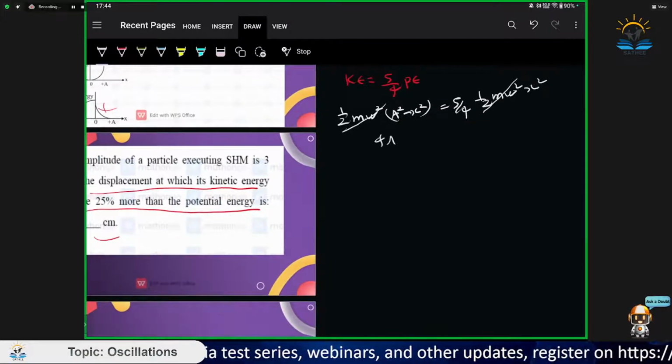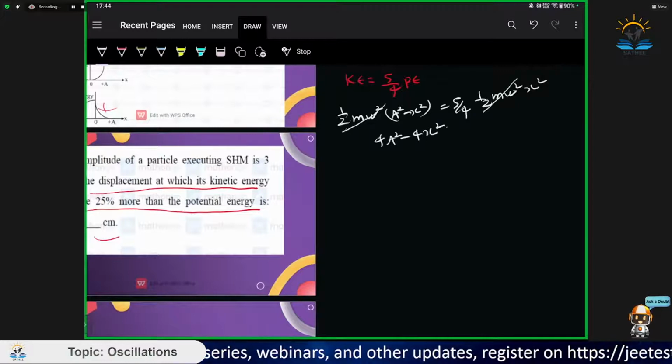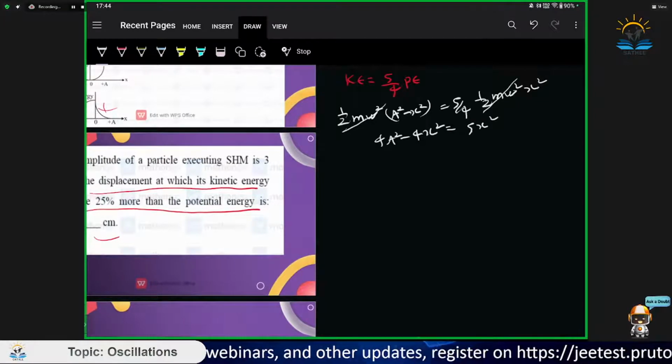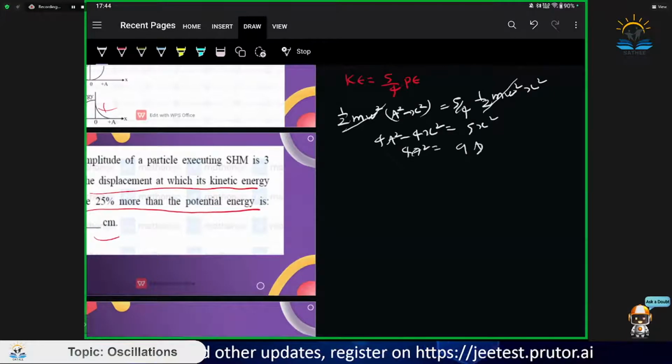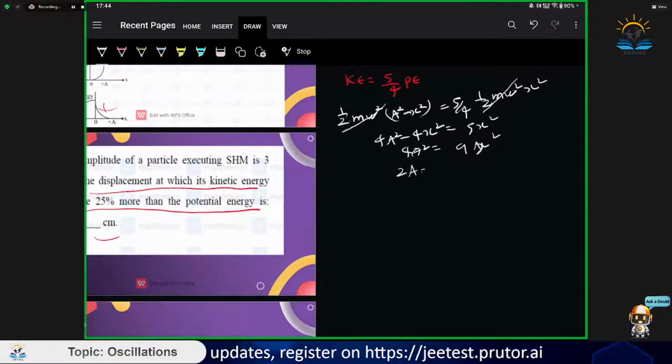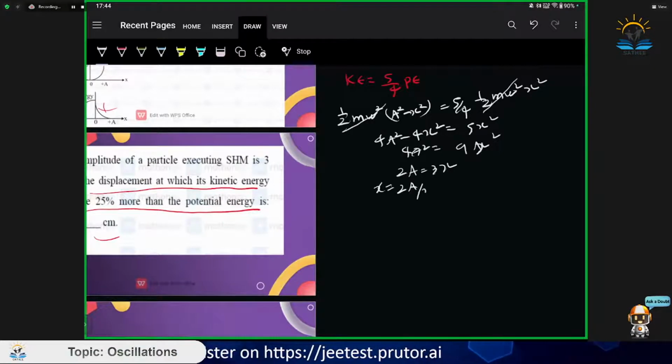So 4a square minus 4x square will be 5x square, 4a square will be equal to 9x square, or 2a equals 3x, or x is equal to 2a by 3.